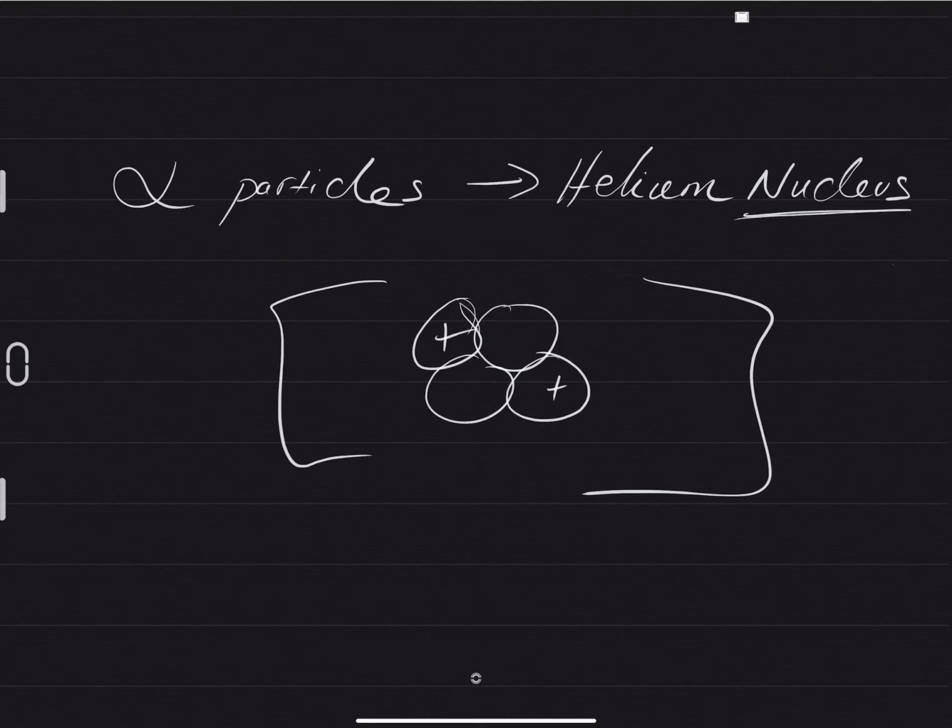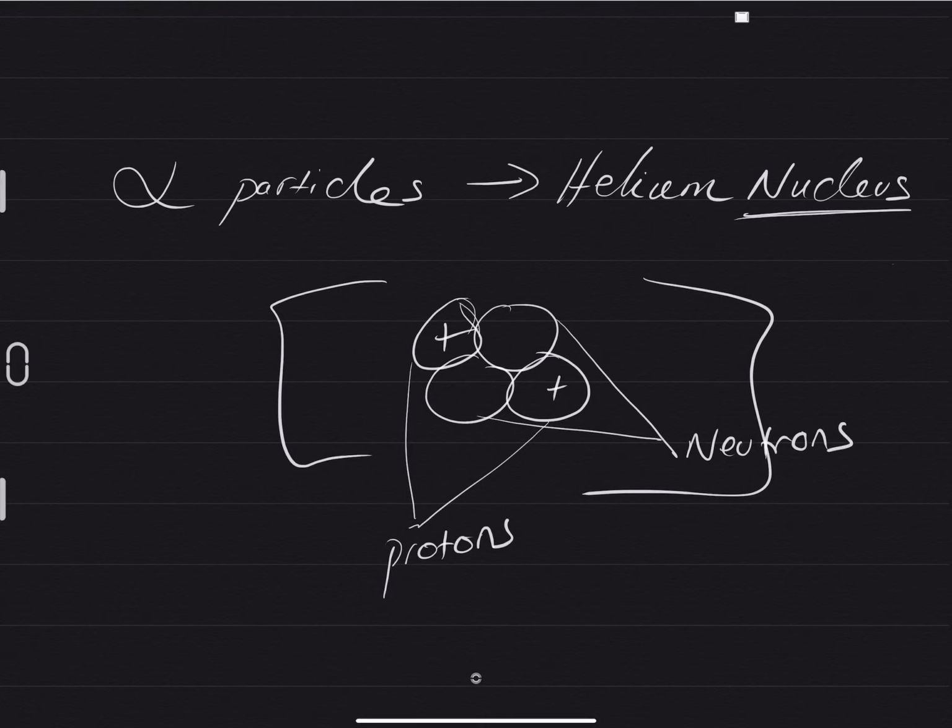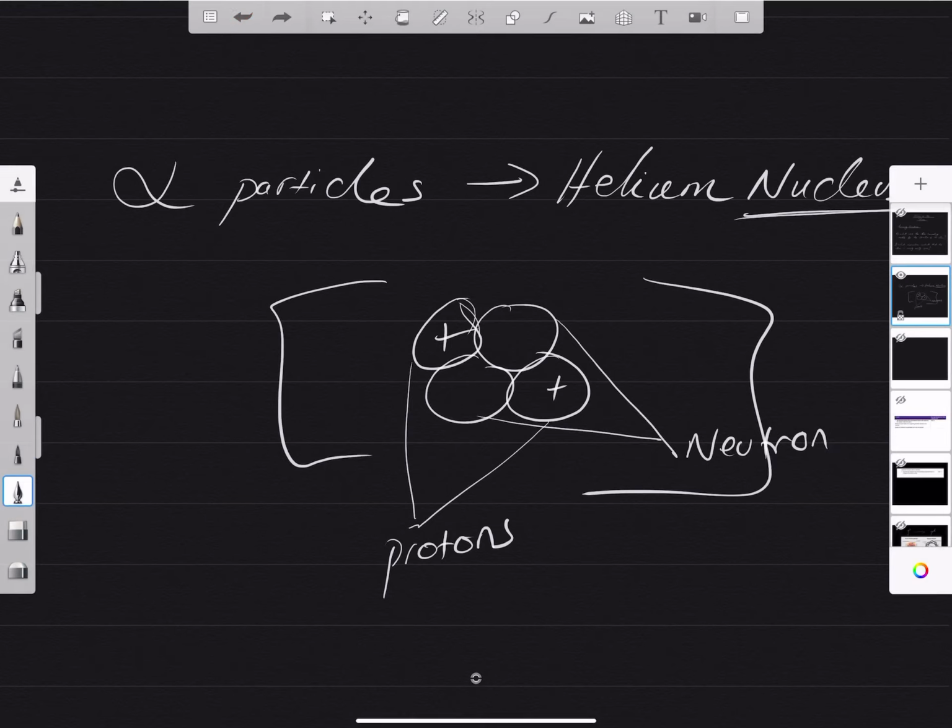So here we have our protons, and here we have our neutrons. So we have protons and neutrons, i.e. the helium nucleus. Now that is a bit messy, so I'm just going to take off the labels.